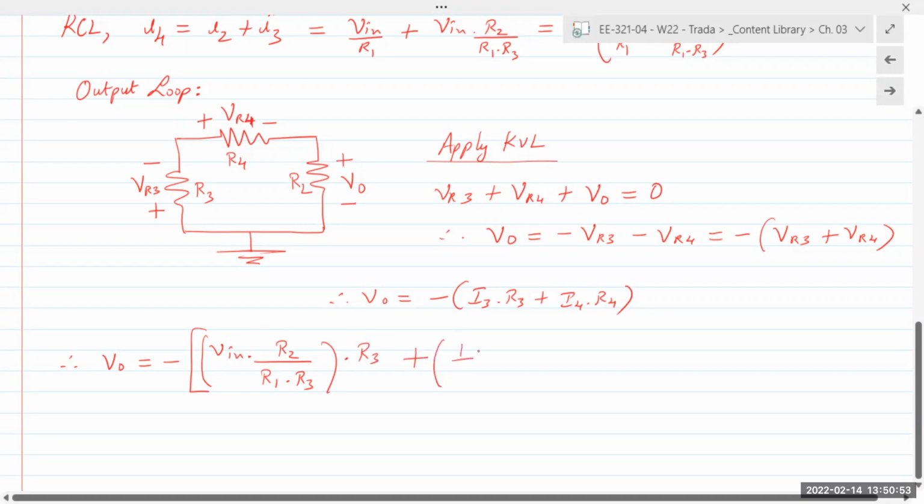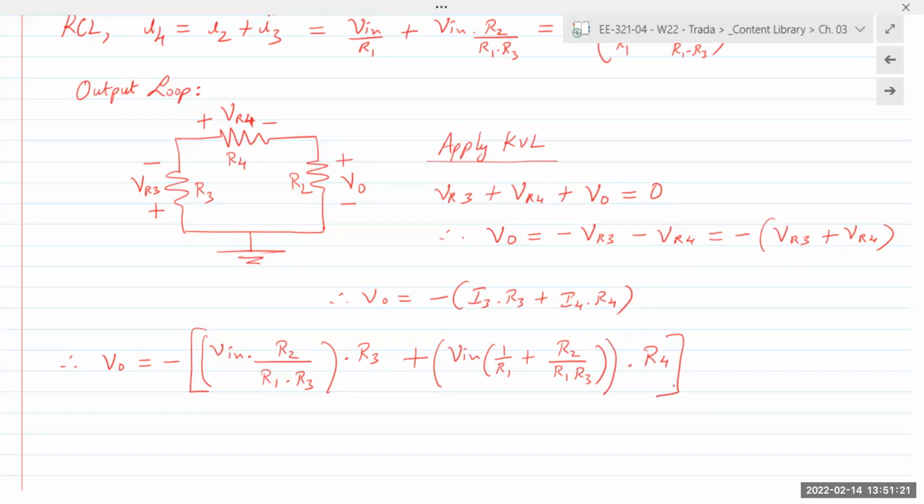I4 is Vin times 1 over R1 plus R2 over R1 times R3. And this is times R4. It's your Vout. Okay.